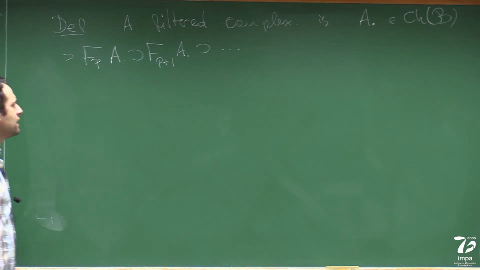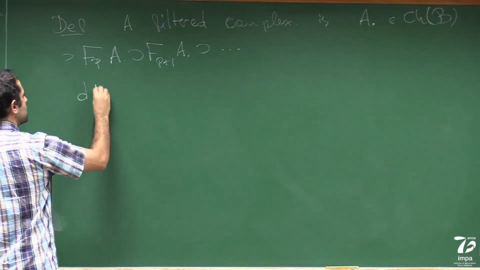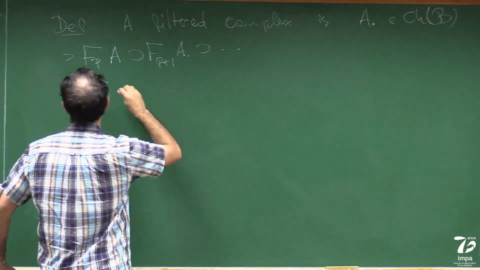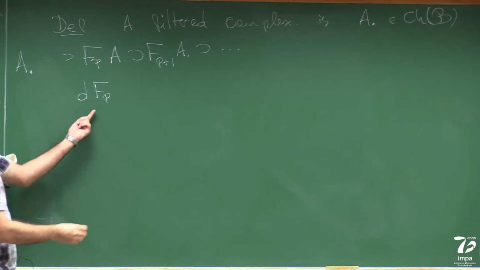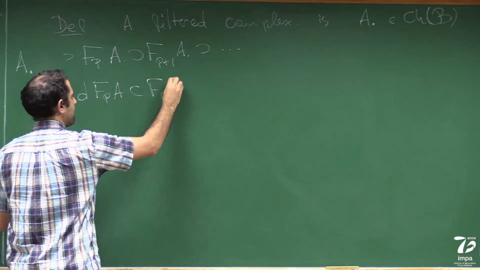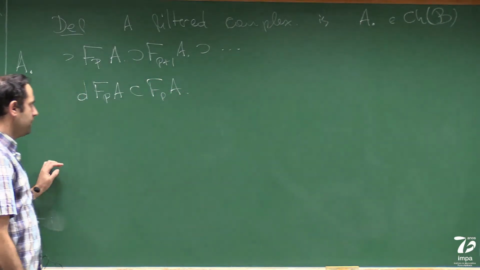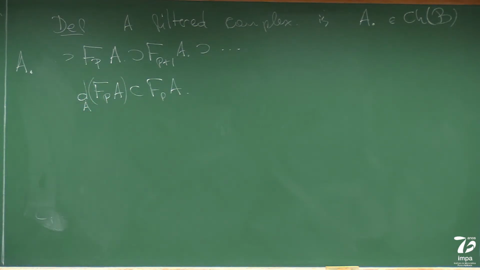The condition, which is the only one I require, is that they are all subcomplexes of A. So in particular, the differential of F^p A is inside of F^p A, where this is the differential of the complex A applied to F^p A. So that's a filtered complex.